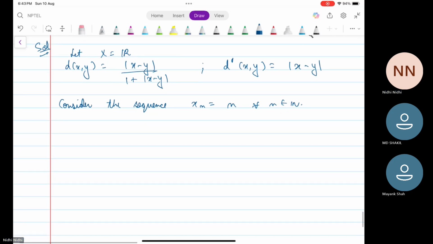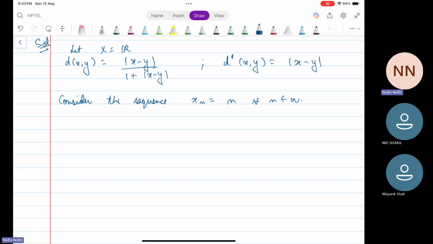Now D(Xn, Xm) equals mod n minus m upon 1 plus mod n minus m.